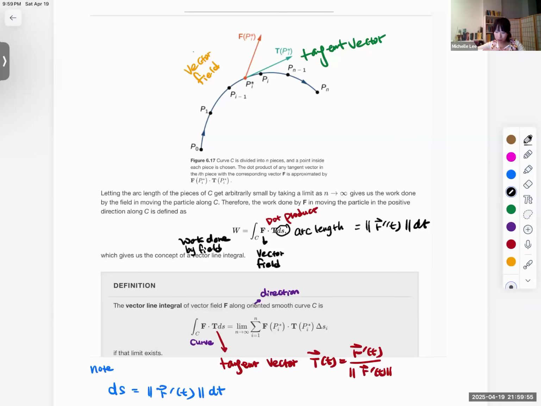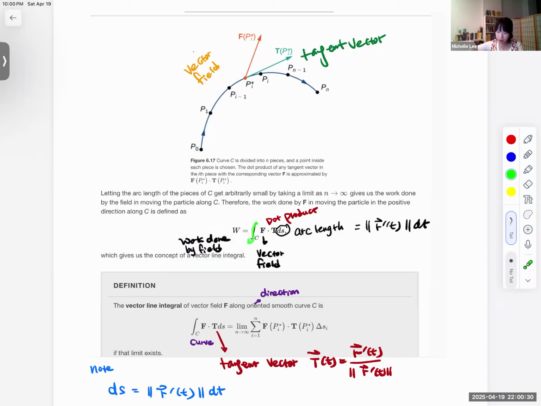Okay, so let's take a look at the vector line integral here. So we have arc length. F we consider like a vector field. Then we have a T, the tangent vector again, right? We have a P at each point. So we have a W, which is work done, so we call the work done by the field.